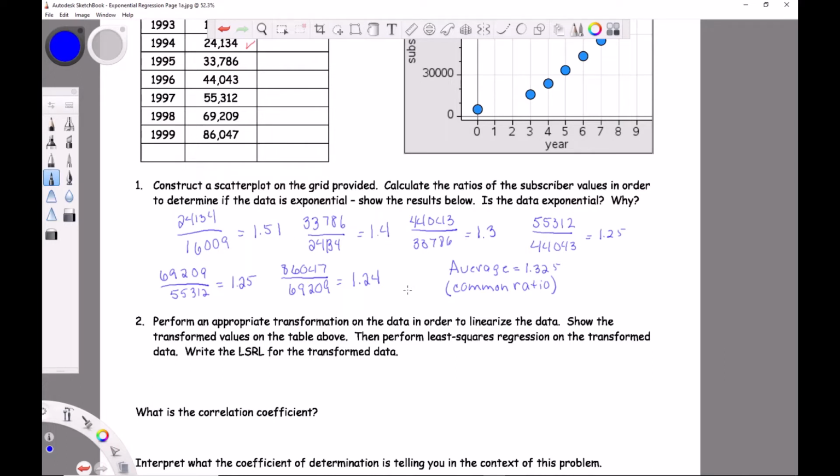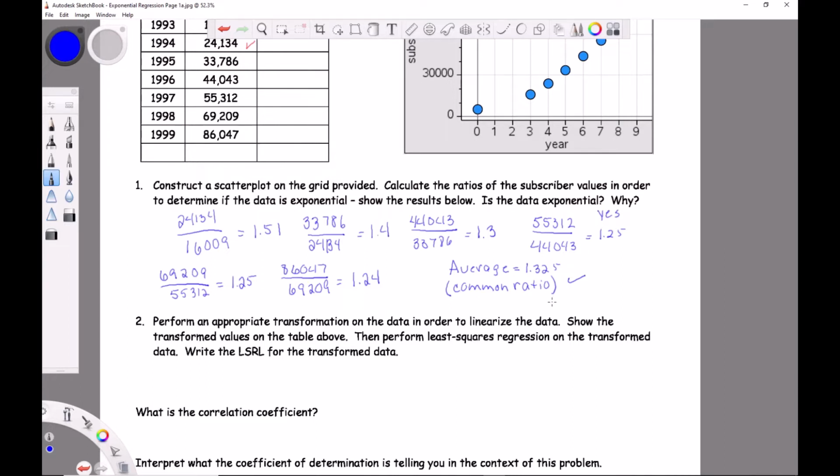It's just regular data we're working with, and it's close enough. If you add all those ratios up and average them, you get 1.325, and we'll call that our common ratio. Let's just say the data is exponential, because it has that common ratio.